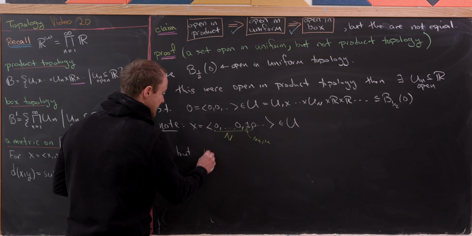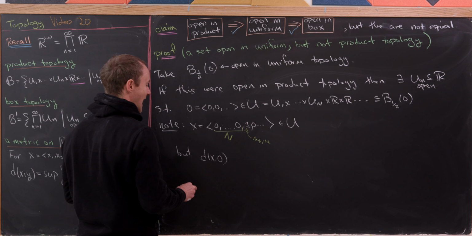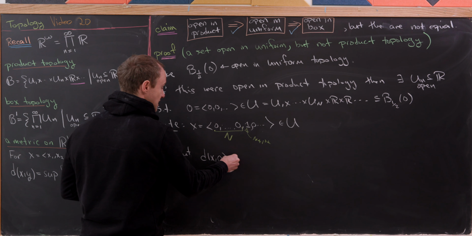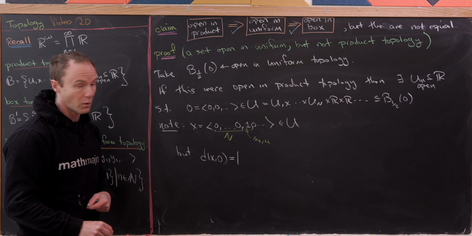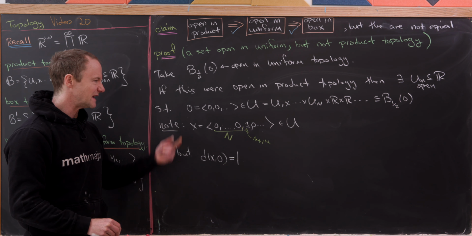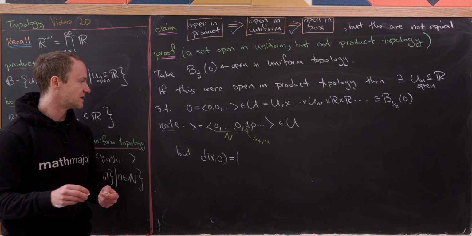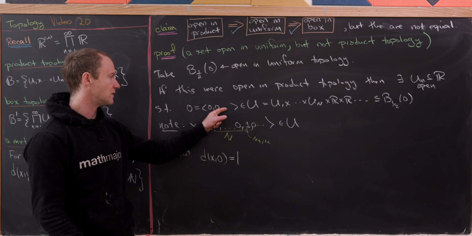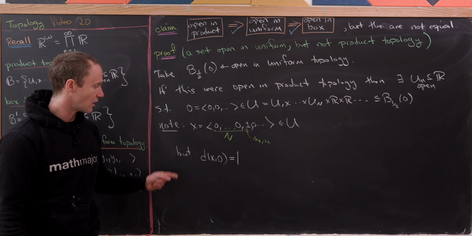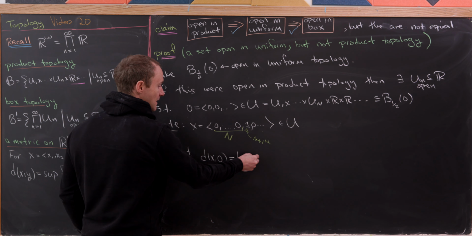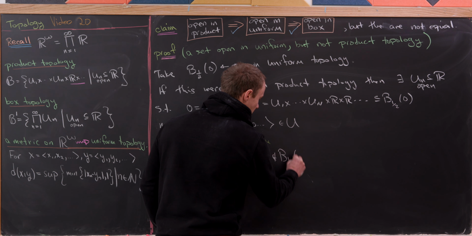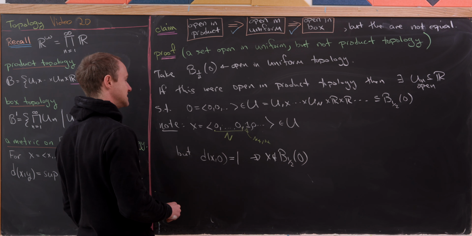But it's also pretty easy to calculate that the distance from x to 0 here is pretty clearly equal to 1. It's actually kind of the easiest thing to find the distance between when you have a single coordinate that's non-zero and then you have just a bunch of zeros there. Okay, so that distance is 1, but that means that this x is not in the ball of radius half centered at 0.